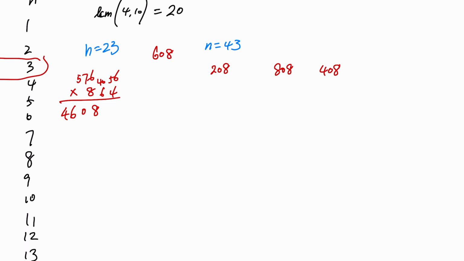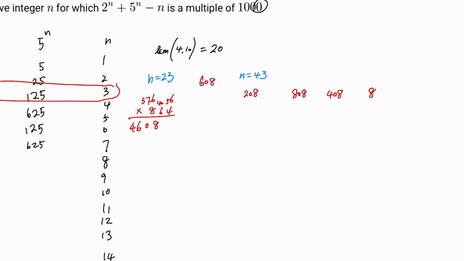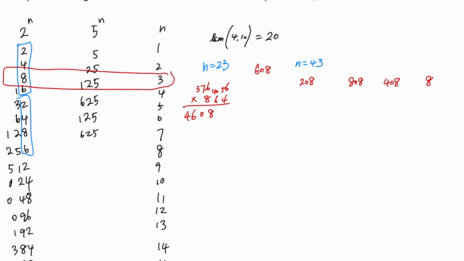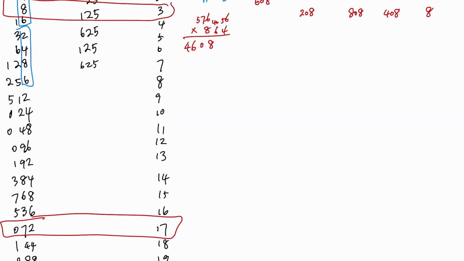And now we have this 4 plus 408, plus 608, which is just 8. So after 5 more loops, it goes back to 8, meaning we have a cycle of 5 over here. We can do the same thing with this 17.